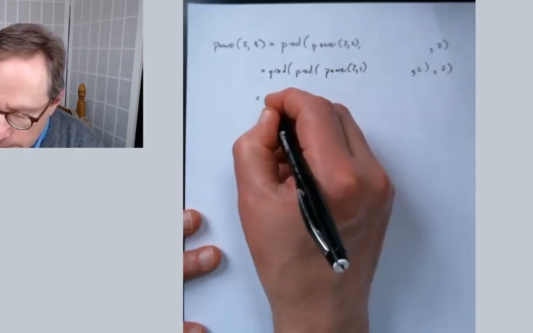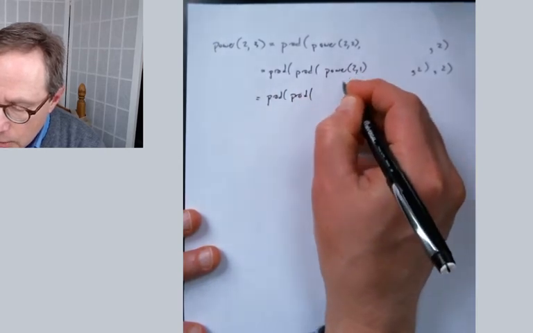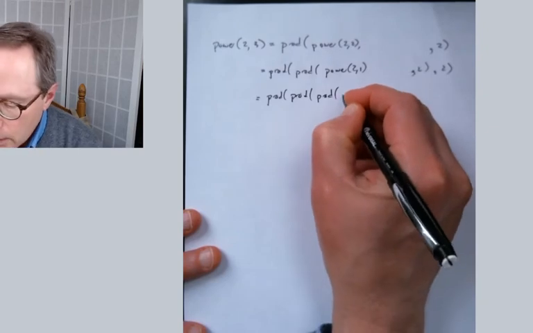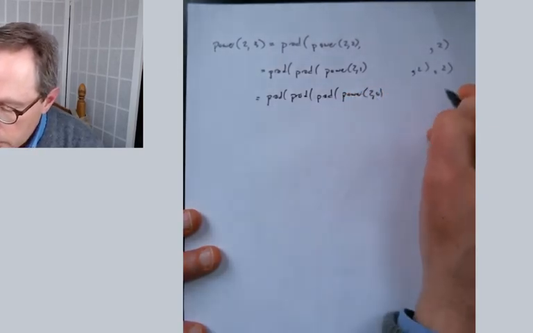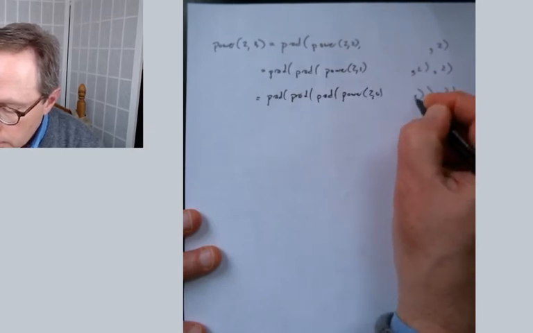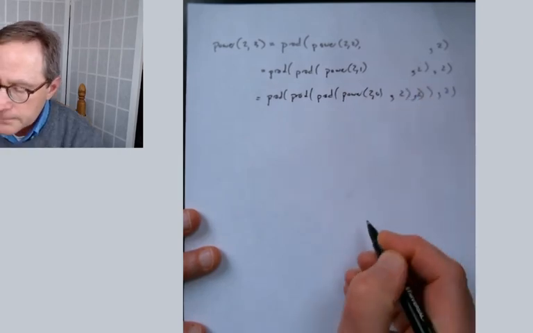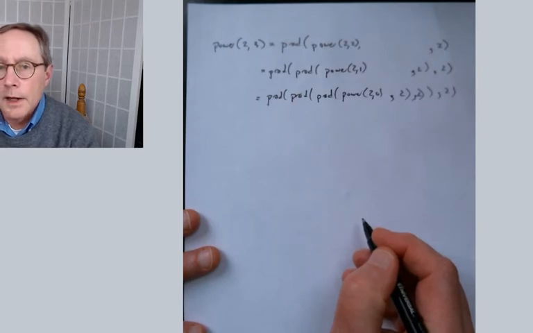Okay, so this is going to be the product of, and power of 2 and 1 expands to become the product of the power of 2 and 0. Don't forget this comma 2. Don't forget this comma 2. And now over here is a comma 2. And now you see the game.